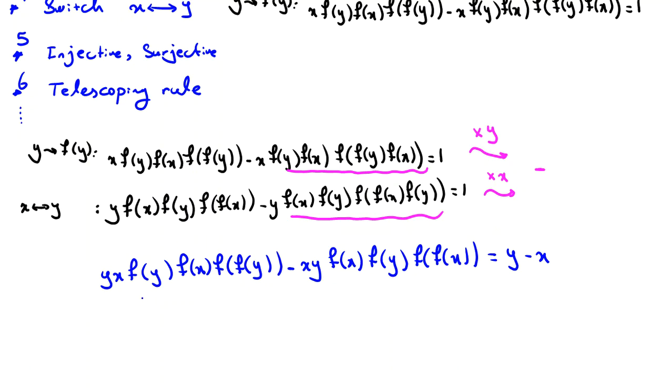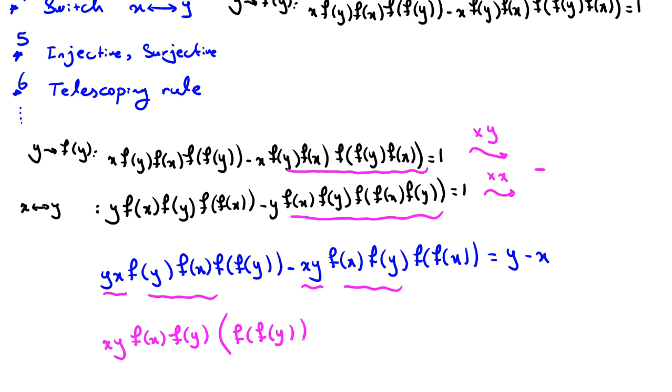Now here, if we factorize, we have what equal terms? We have yx here, f of x, f of y, f of x, f of y, so we can write xy f of x, f of y, and then here f of y minus f of x equal y minus x.